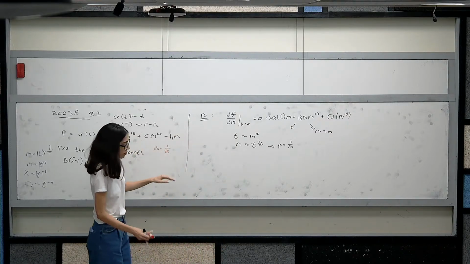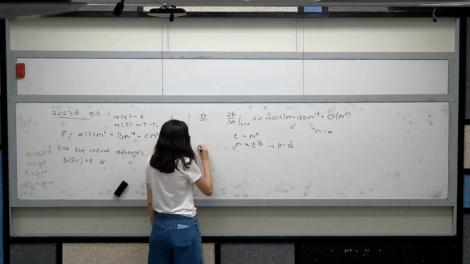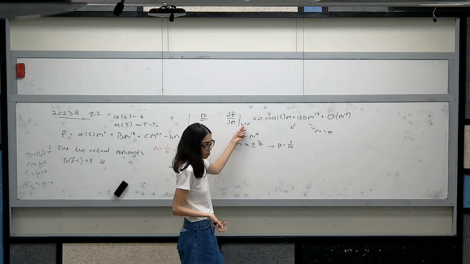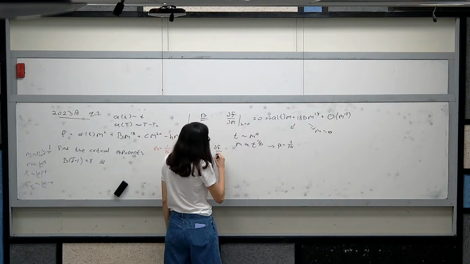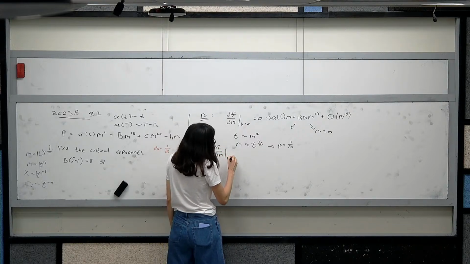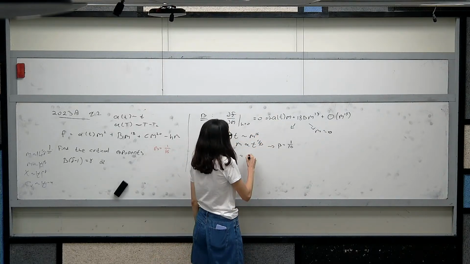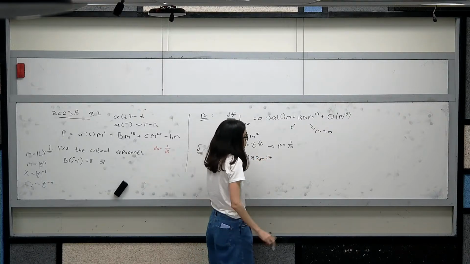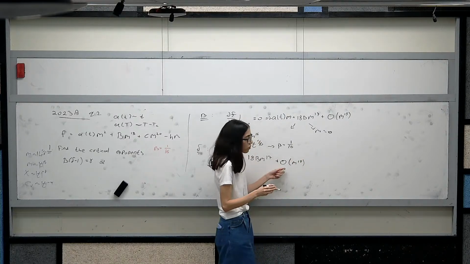Okay, I'm just going to write it here for future use. So this is for beta. Now let's do delta. It's the same, but now we take the temperature to be 0, which means that a of t is going to be 0. So now we have 18 b m to the 17 plus O of m to the 19, which we ignore.